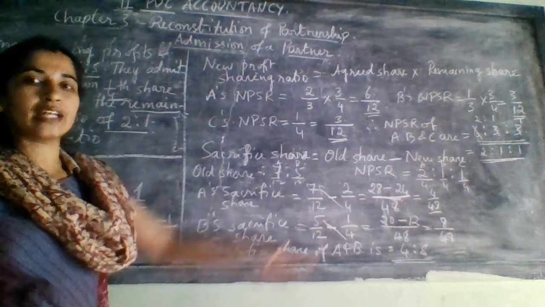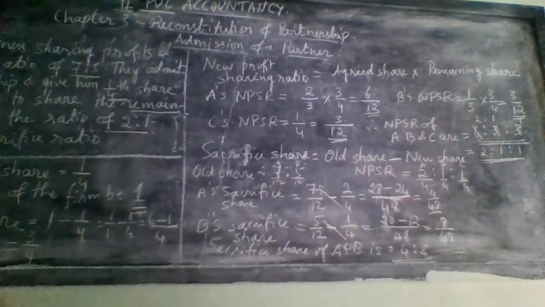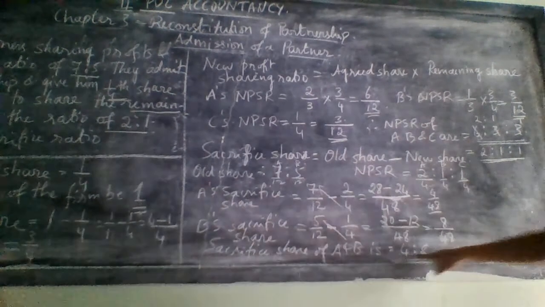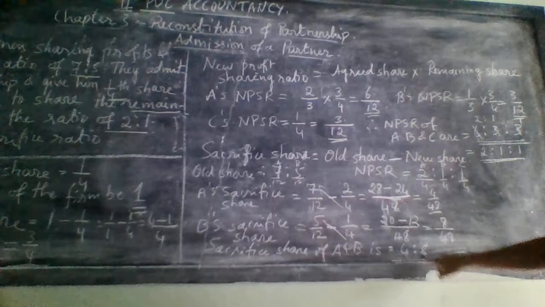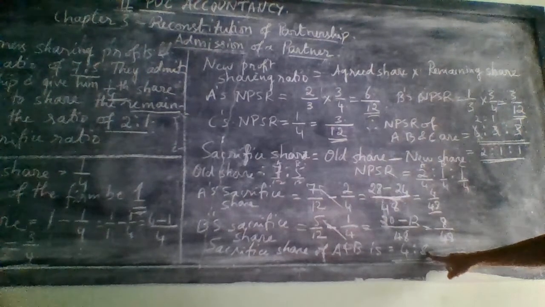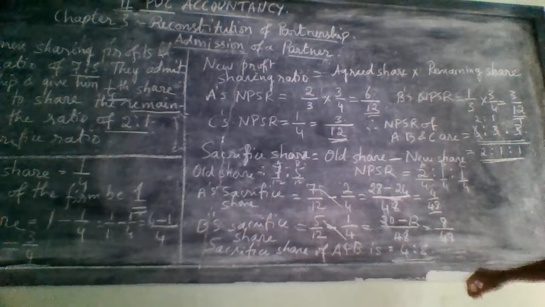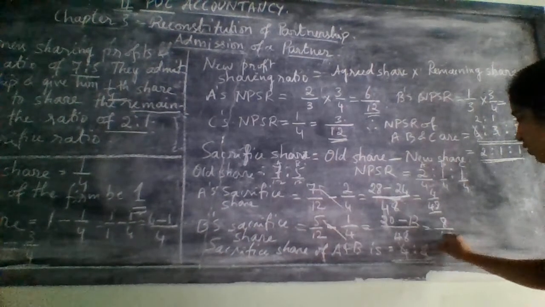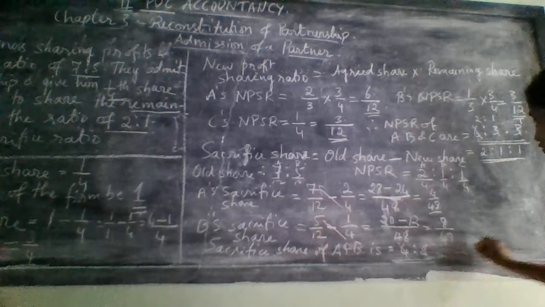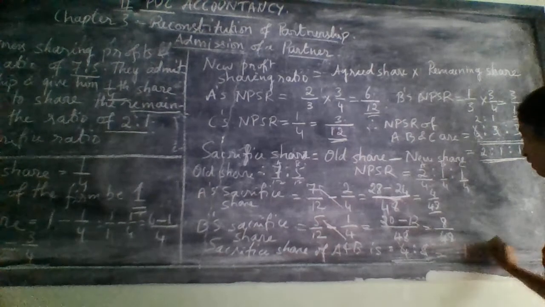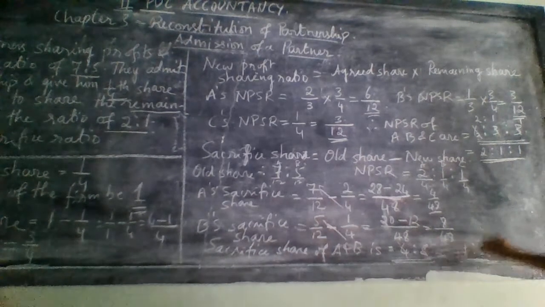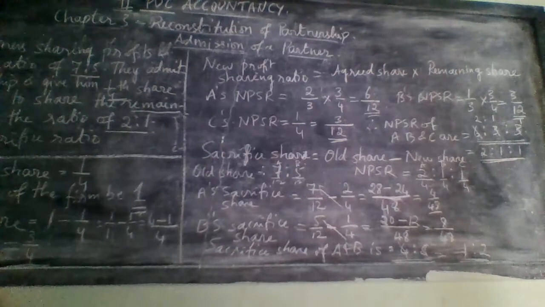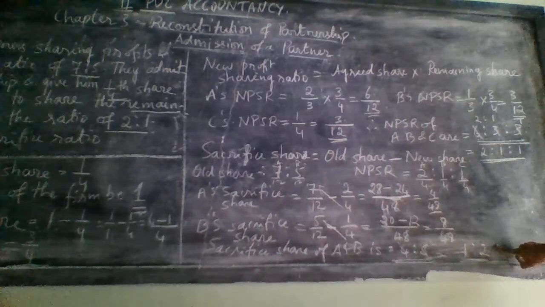You need to write it in a more simplified form, or else you can leave it like that. Here both can be divided by one number, that is the 4 table. 4 ones are 4, 4 twos are 8. That's why the ratio will come 1:2. The sacrifice ratio of A and B is 1:2.